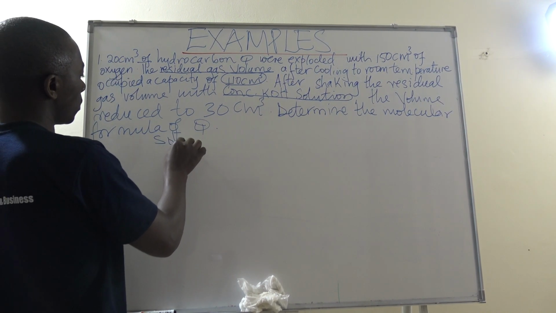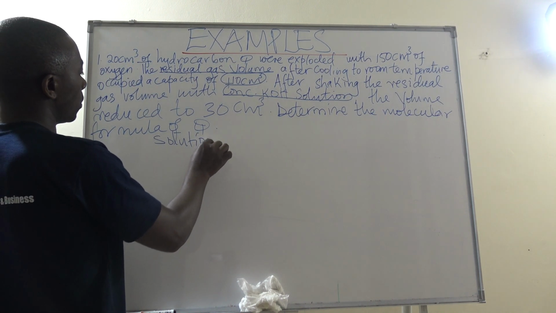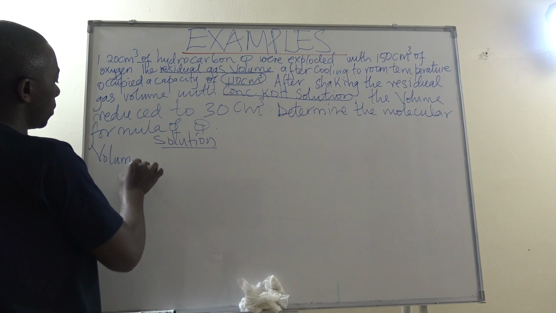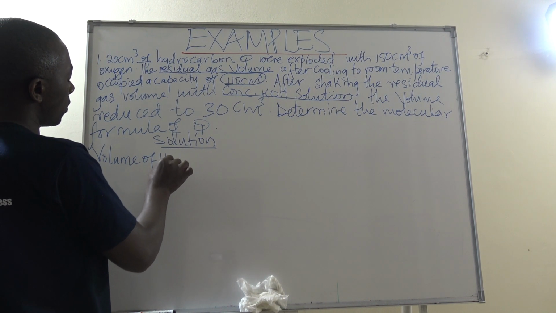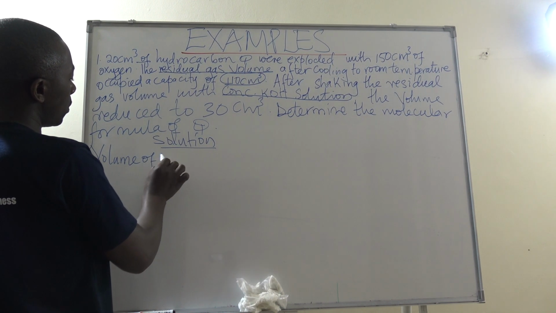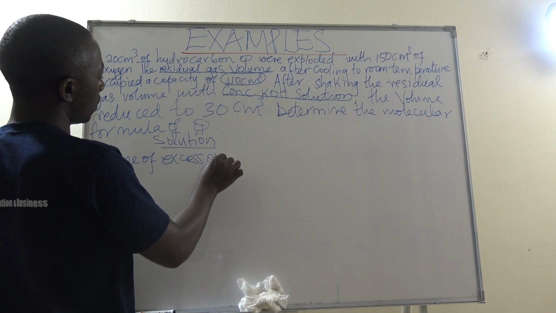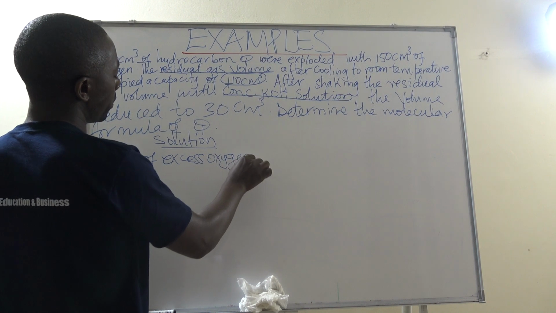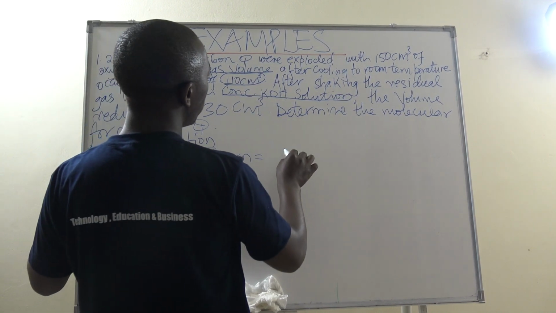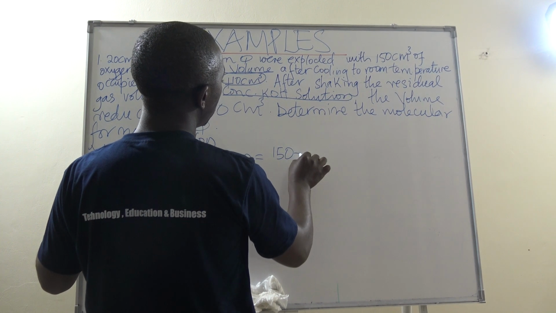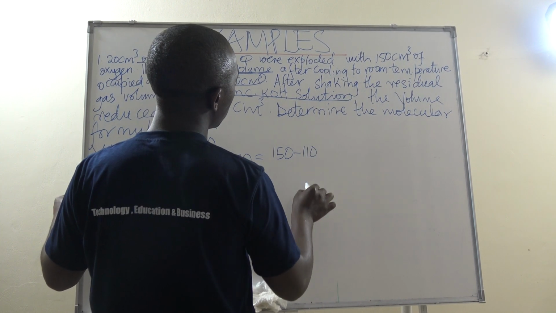So we can start from here and say, volume of excess oxygen is supposed to be the residual gas volume, which is 150 minus 100.